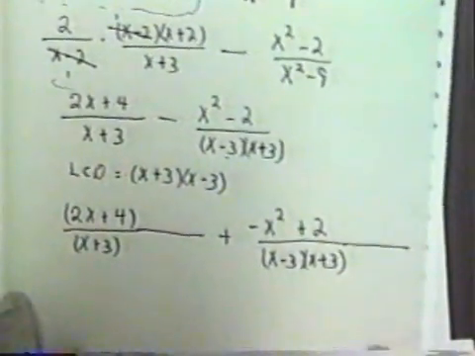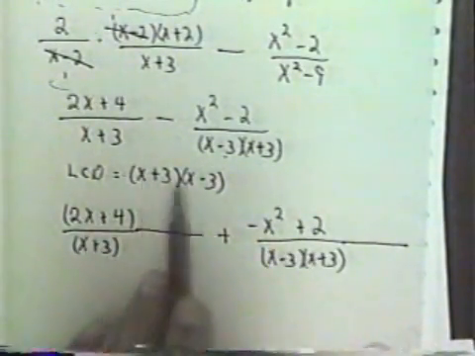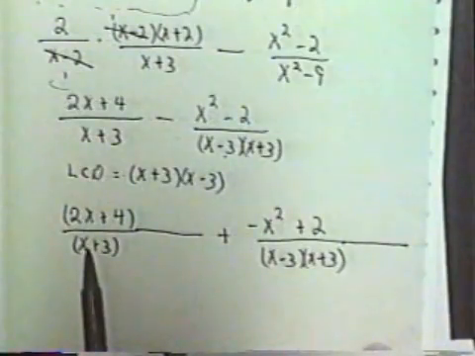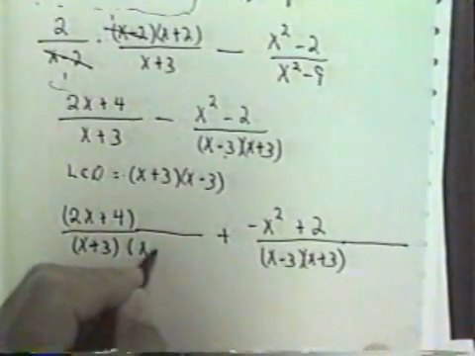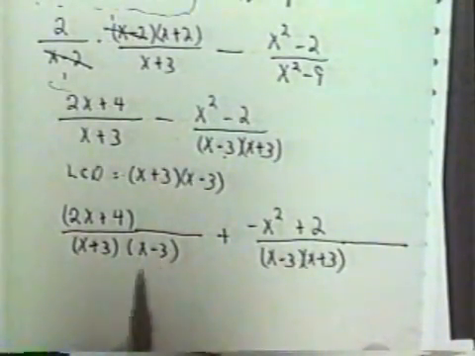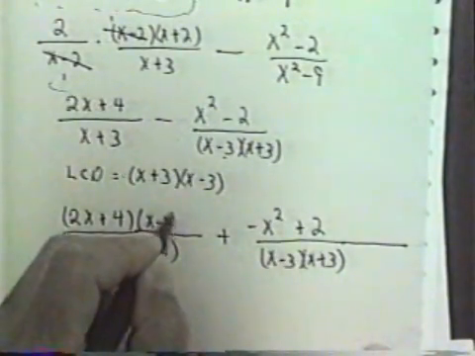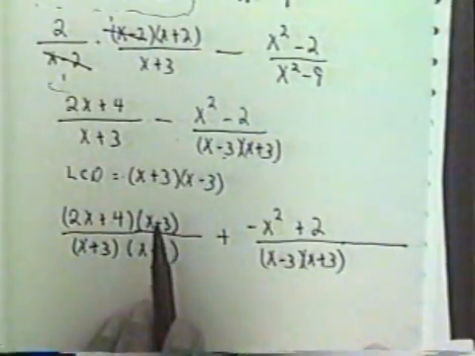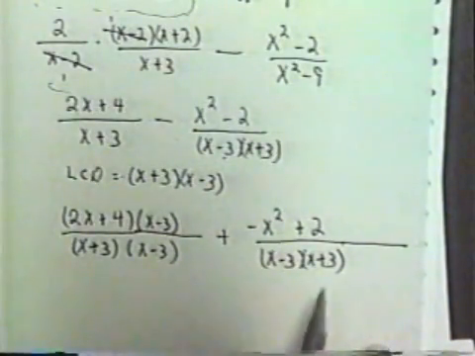Now I need to notice, what do I need to multiply x plus 3 by in order to get the common denominator? I need to multiply the x plus 3 by x minus 3. If I multiply the denominator by x minus 3, then I need to multiply the numerator by x minus 3. So I multiply both numerator and denominator by x minus 3.